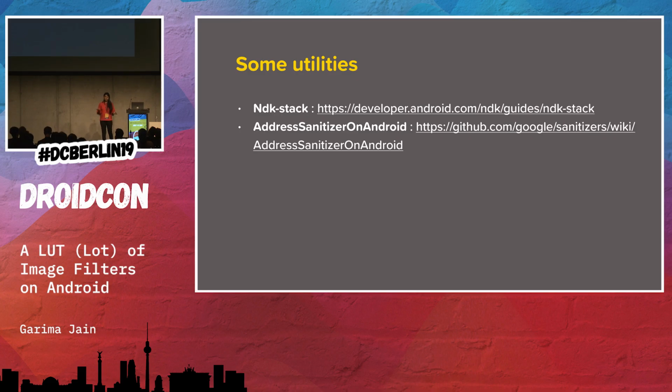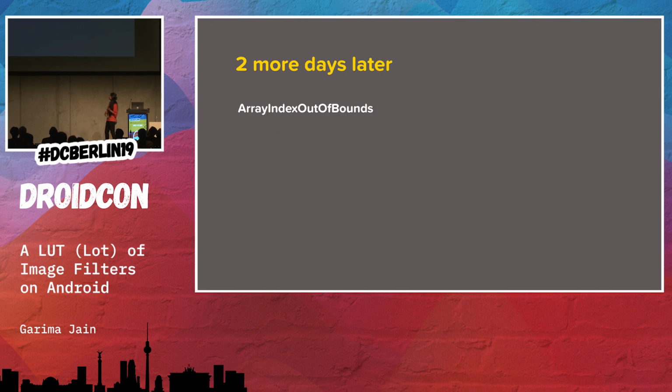So that was a good approach. I did some proofs for it. It was an array index out of bounds, and that was Renderscript's way of telling me.